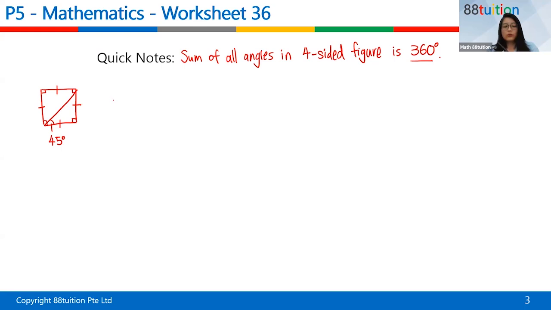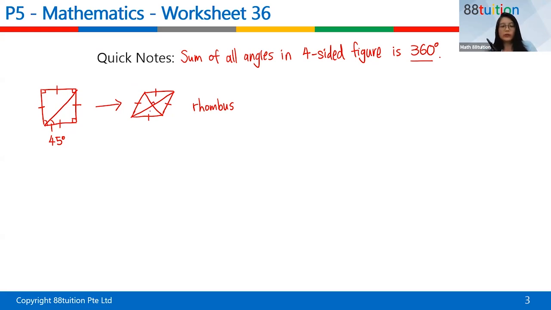Okay, so a slanted square is what we call a rhombus. The slanted square also has all sides the same. The property is when you cut it this way or another way, this is actually 90 degrees.